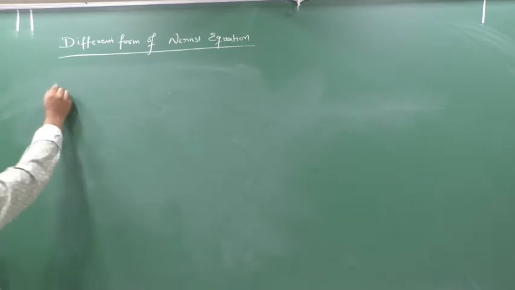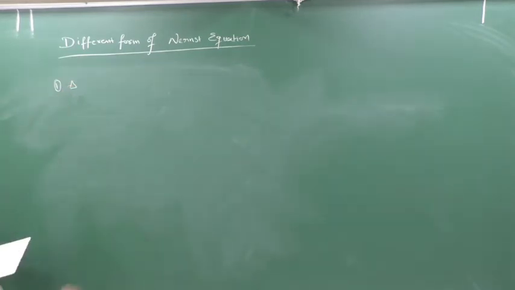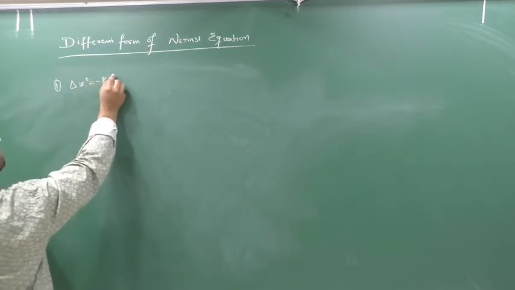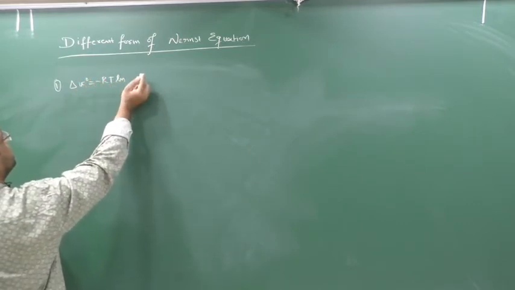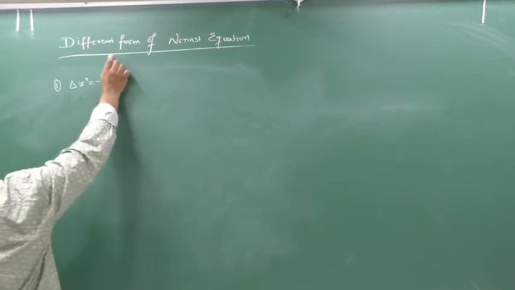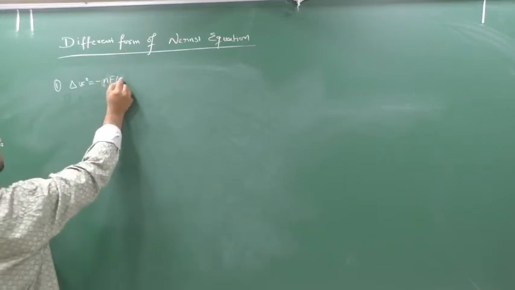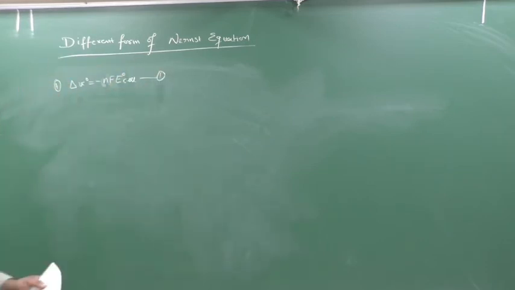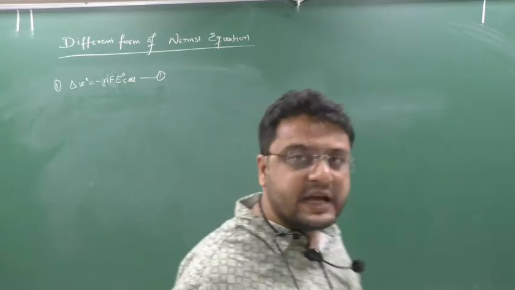First in that equation, as you know from thermodynamics, delta G naught equals minus nFE naught cell.